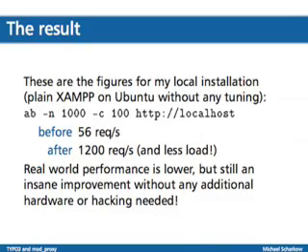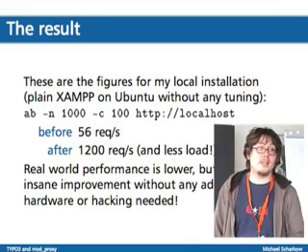So this is just a result of my notebook running with full X and all that, using Apache Bench with high concurrency on the localhost. Before it was 56 requests per second, which isn't bad, and for most people it's fine.